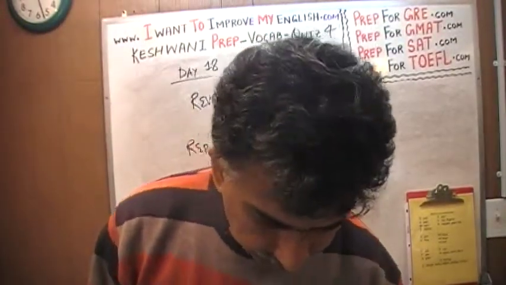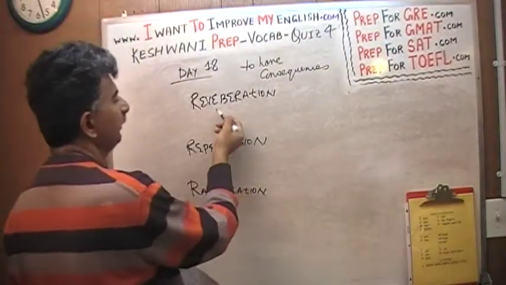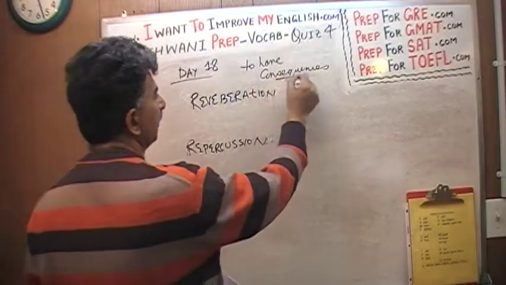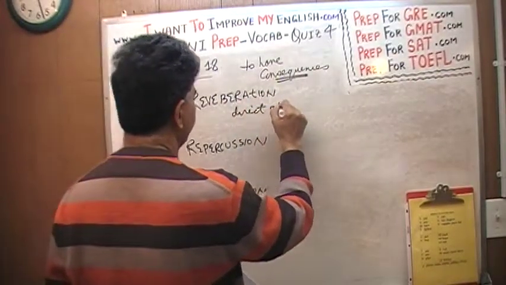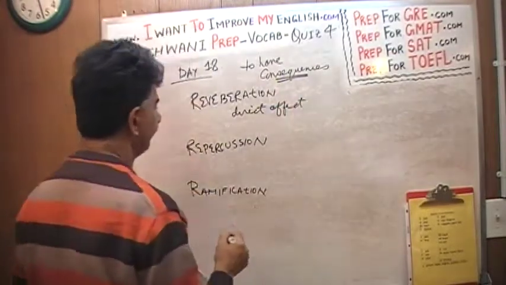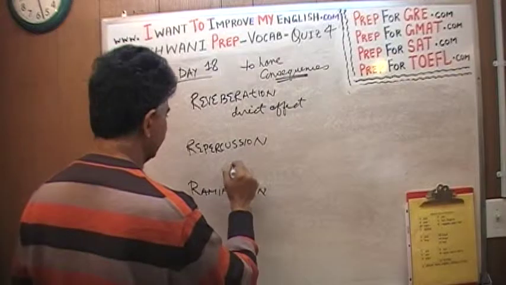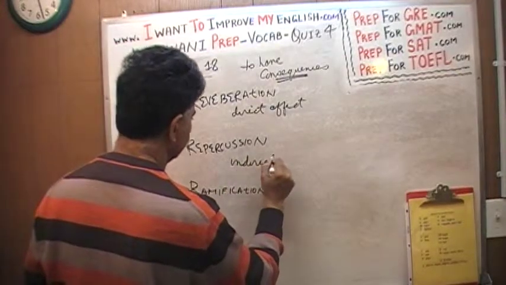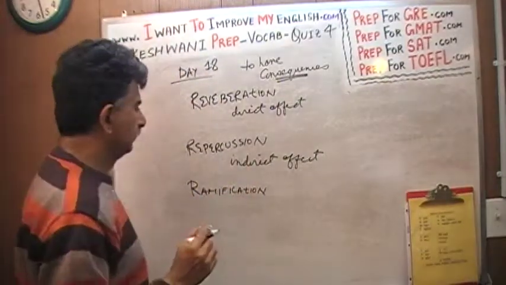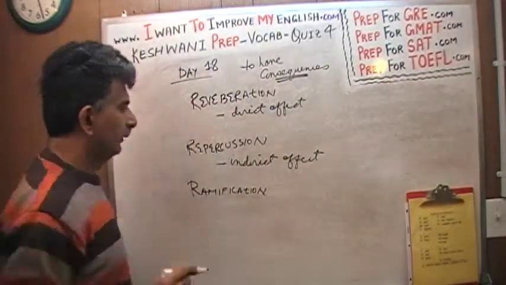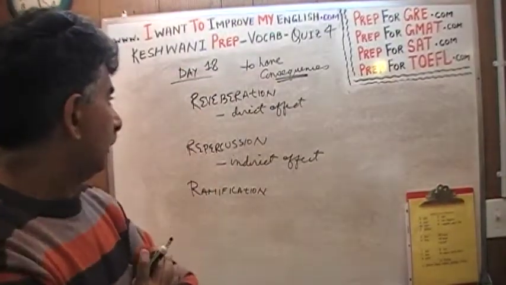The difference is that reverberation, when this word is used, when you're talking about consequence, which is direct effect. Repercussion, on the other hand, is an indirect effect. And that's the difference between repercussion and reverberation.